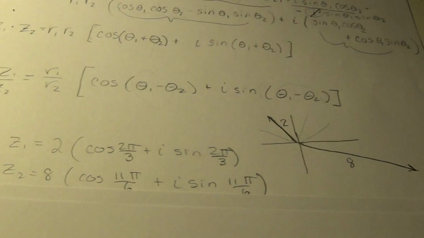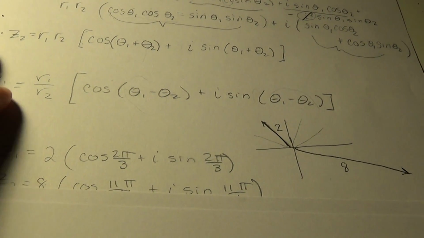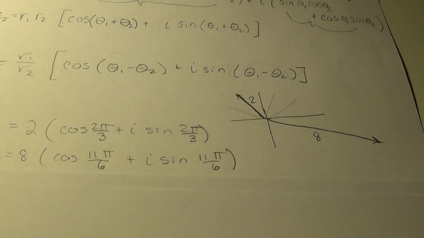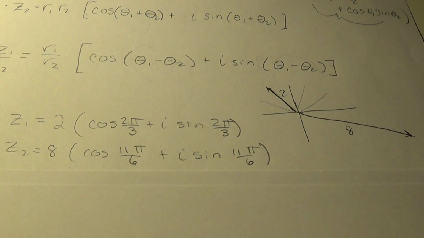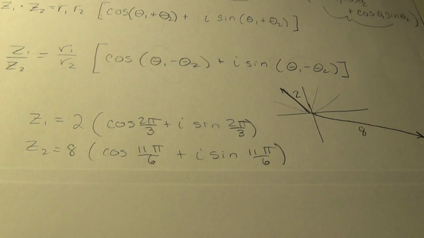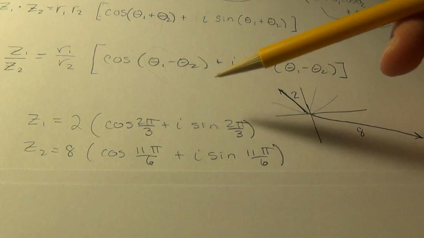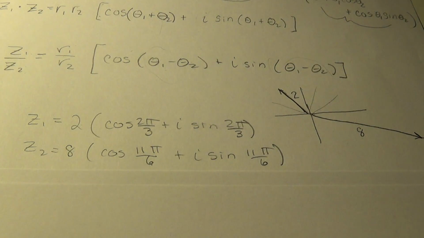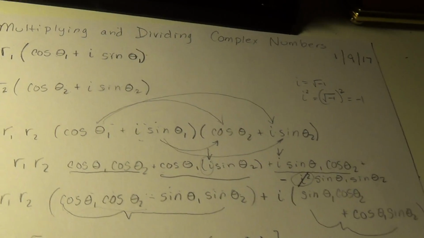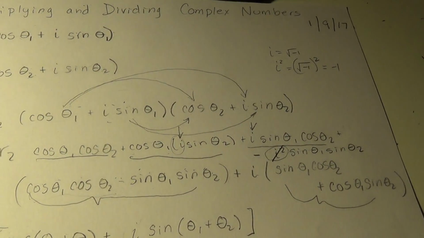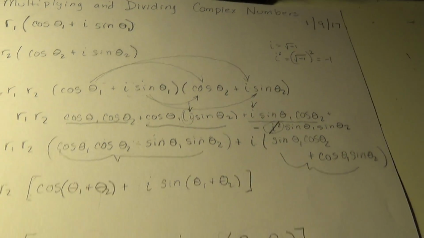The whole reason that we learned about complex numbers in trig form is so we can multiply them so easily. Otherwise, we have to do it the long way, which involves lots of steps and lots of grief.